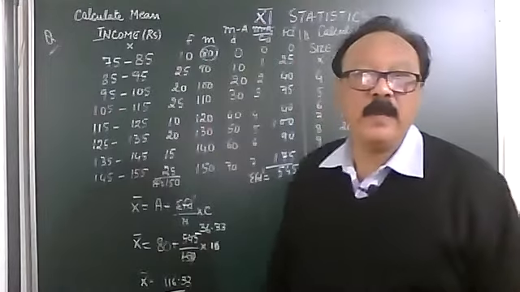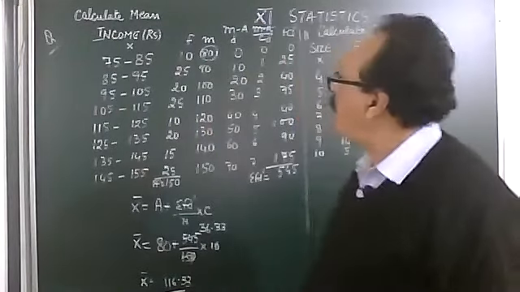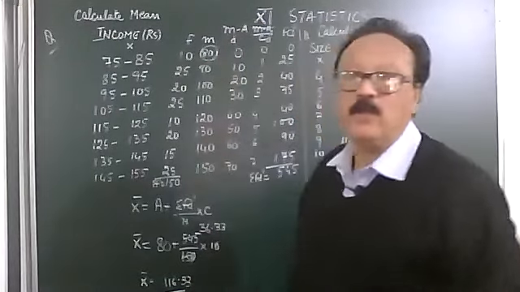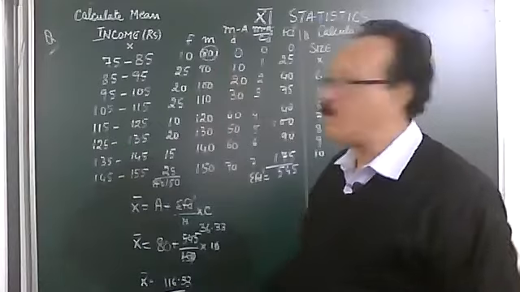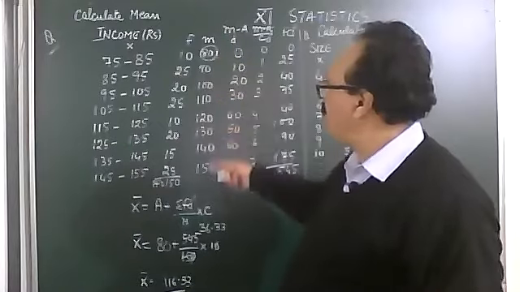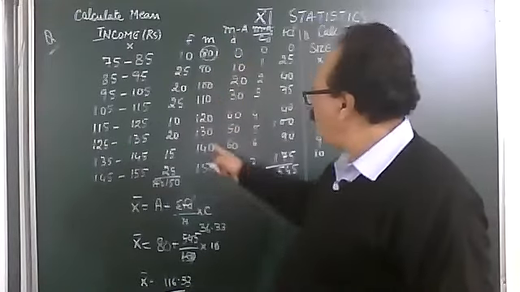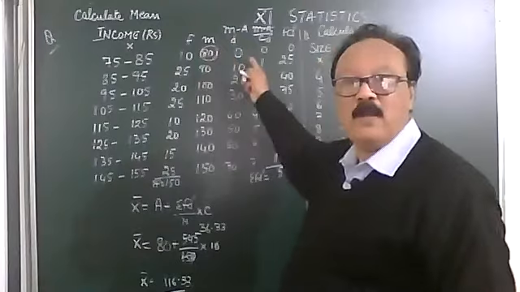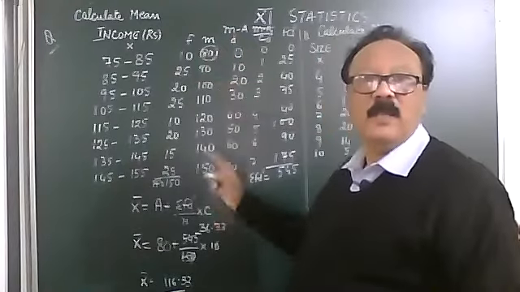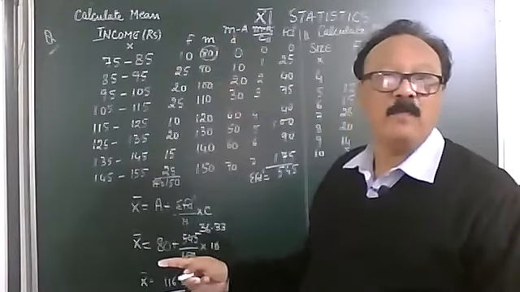Go for assumed mean. What is the assumed mean? From the midpoint, assume any value. It is always good to assume a smaller value to be the mean, because then you get values in plus. Had you assumed the bigger values, then you would have got values in minus and plus both. Then work would have been one more step extra.